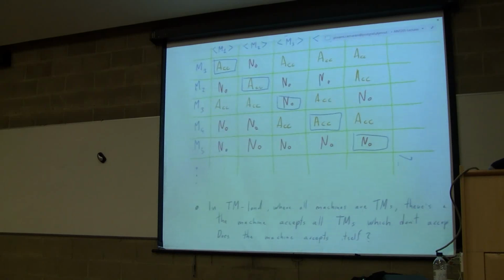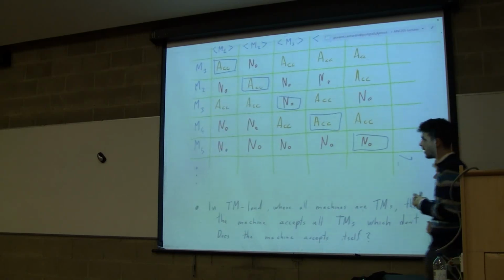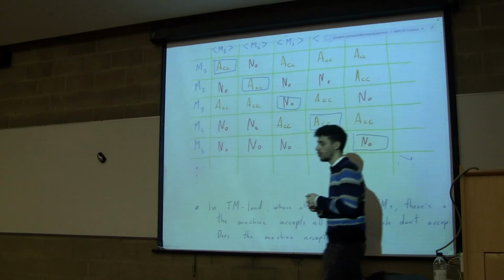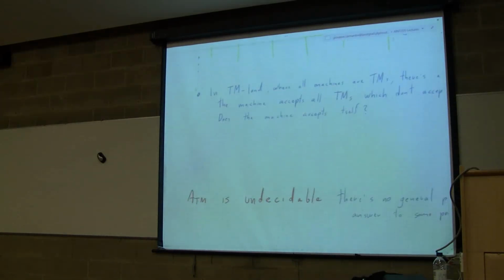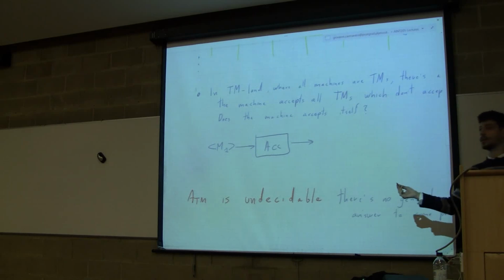if you have such a Turing machine, then you will have another Turing machine which does exactly the opposite. So let's say I have a Turing machine, let's call it X. You feed it the description of another Turing machine, and it tells you, yes, it does accept itself, or no, it doesn't accept itself.